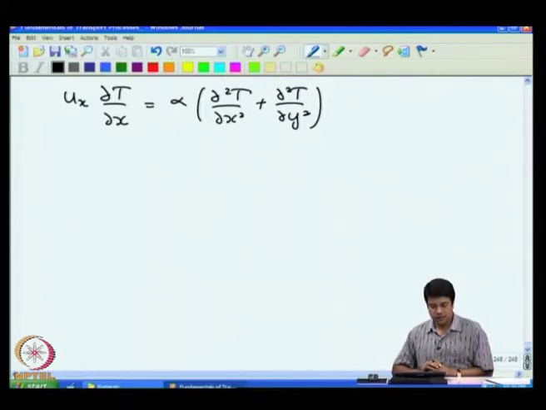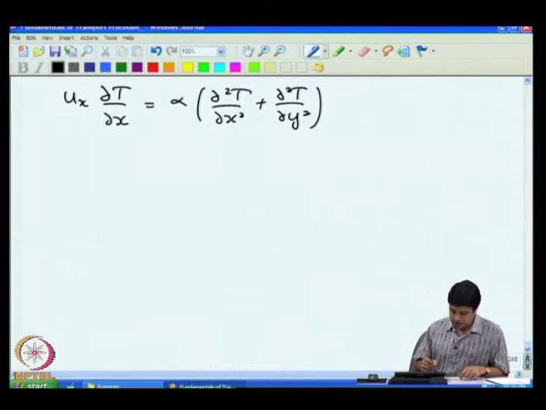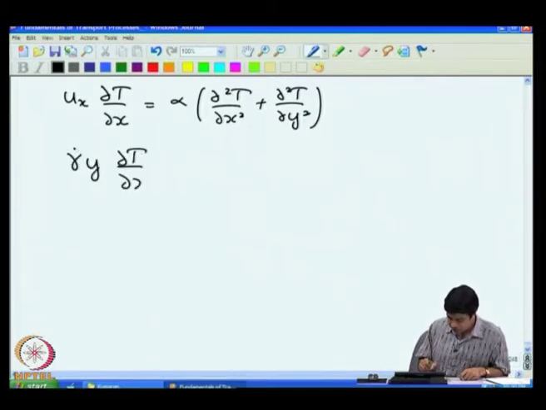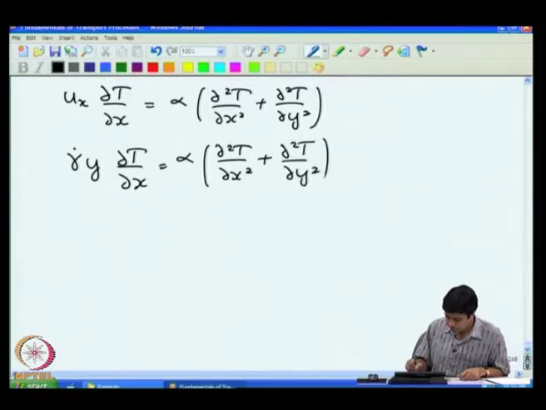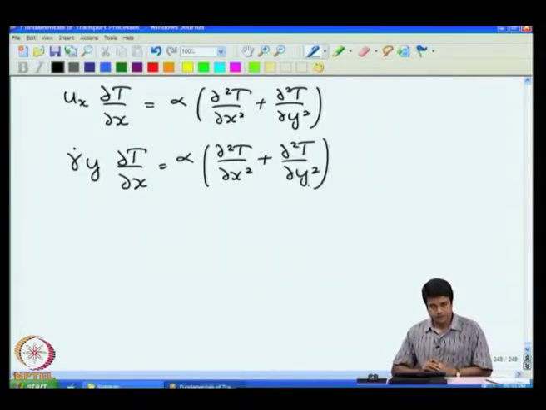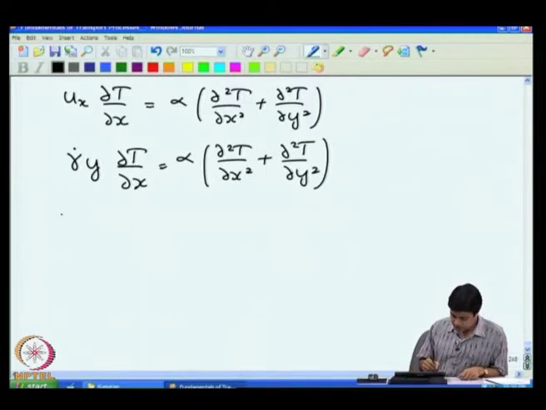So, now I scale. u x is equal to gamma dot times y, so gamma dot y partial T by partial x is equal to alpha partial square T by partial x square plus the y term, and I have a length scale.